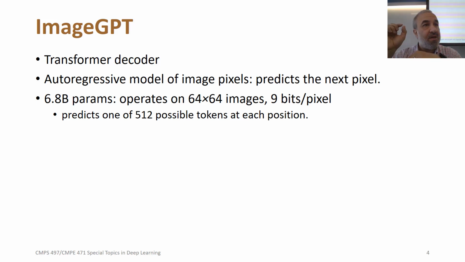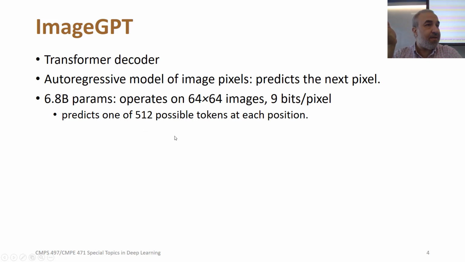Remember, in the transformer, we had a vocabulary size, right? It can recognize some tokens, right? Here, the tokens are pixels. And if we assume that each pixel has 9 bits, then the possible values of the tokens here are just 512. Okay? Did you get that? So that is actually the vocabulary that we have.